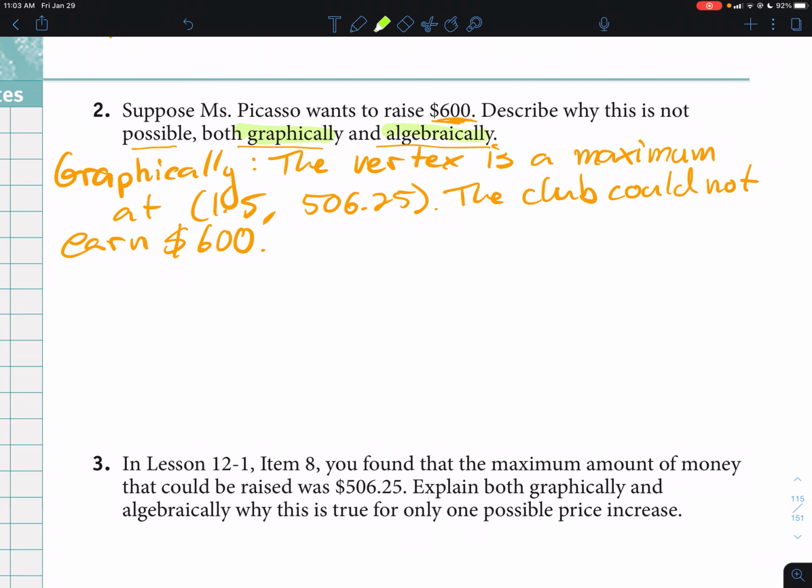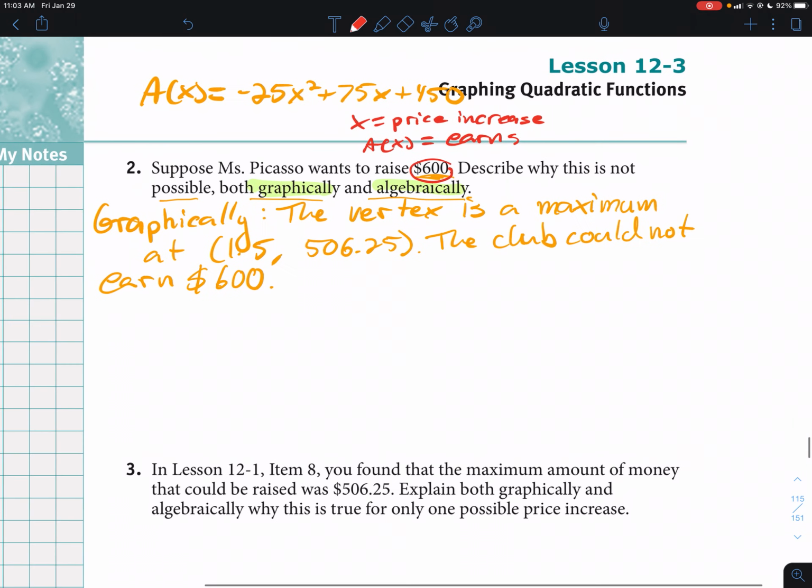Now, algebraically, again, remember that x was the price increase, and A of x is our earnings. So in our equation, we're going to change A of x to 600 and solve for x.